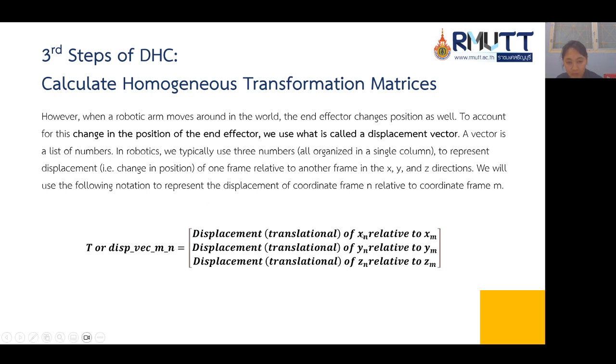The first element is the displacement of Xn relative to Xm, and then the second row is the displacement of Yn relative to Ym, and the third element is the displacement or translation of Zn relative to Zm.